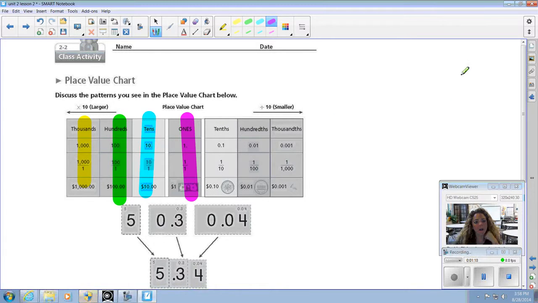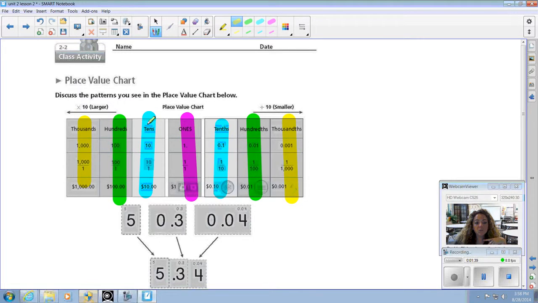Those are all on the left side of the decimal. Then if we look on the right side of the decimal, there's no ones there, but there's tenths, hundredths, and thousandths, okay? And so those are all the smaller pieces.